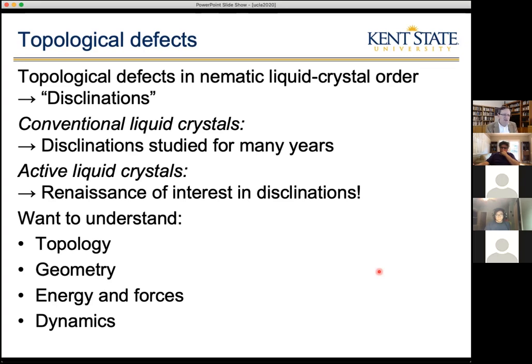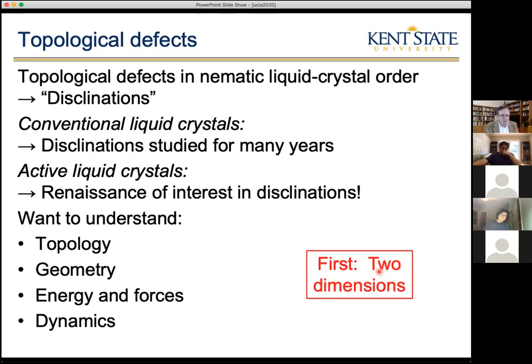But thanks to the growing interest in active liquid crystals, there's been a real renaissance of interest in disclinations. And so the subject is becoming very trendy again. And so there are people working on describing these kinds of topological defects now in both conventional and active liquid crystals. So that's what I want to present to you.